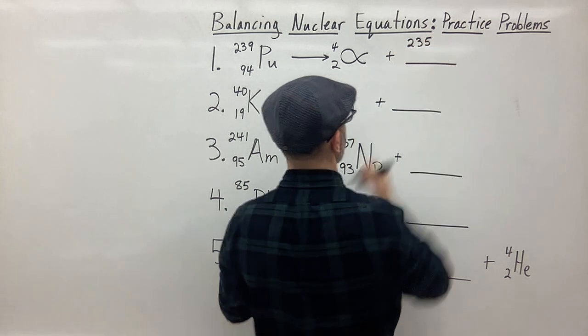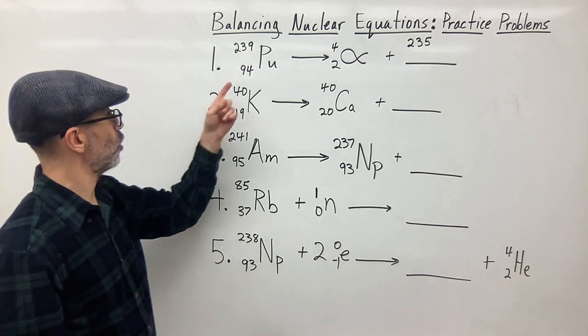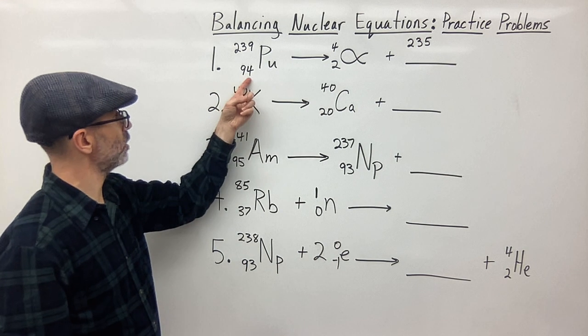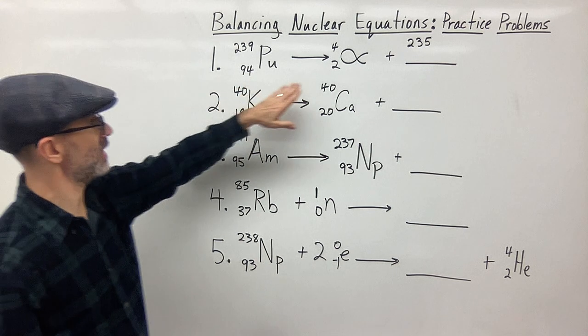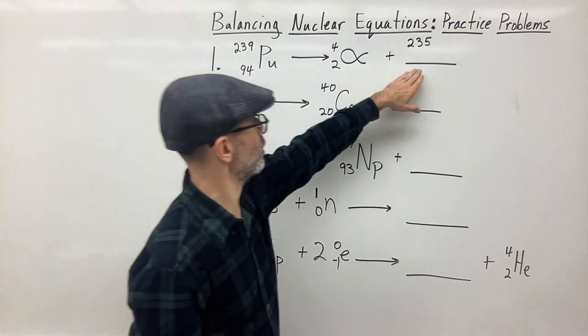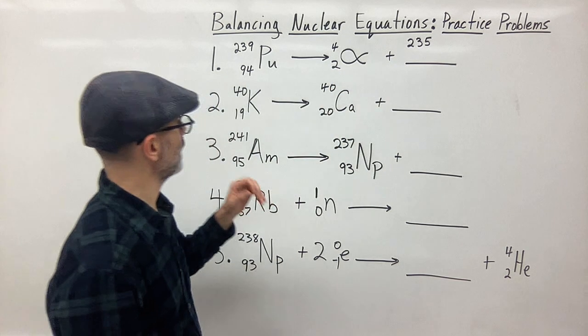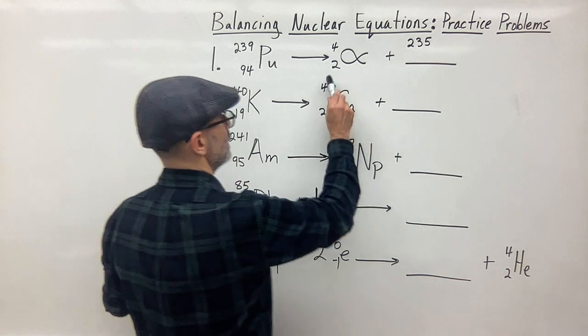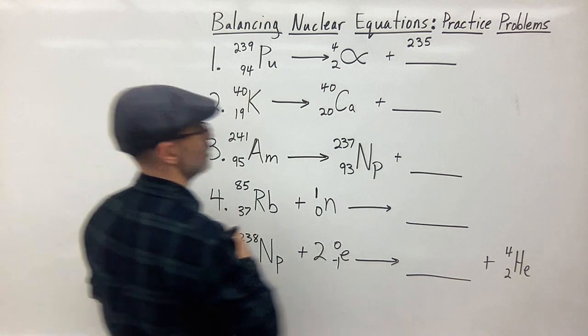So I just put 235. And I do the same thing for the bottom number. The atomic number of this element is 94, so the atomic numbers for these two particles must total 94. What is the number? I take the 2 here, subtract that from 94, and I get 92.